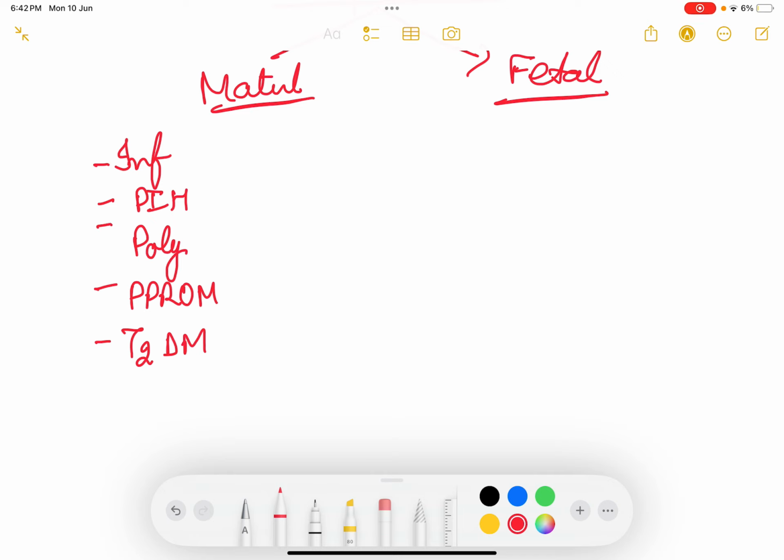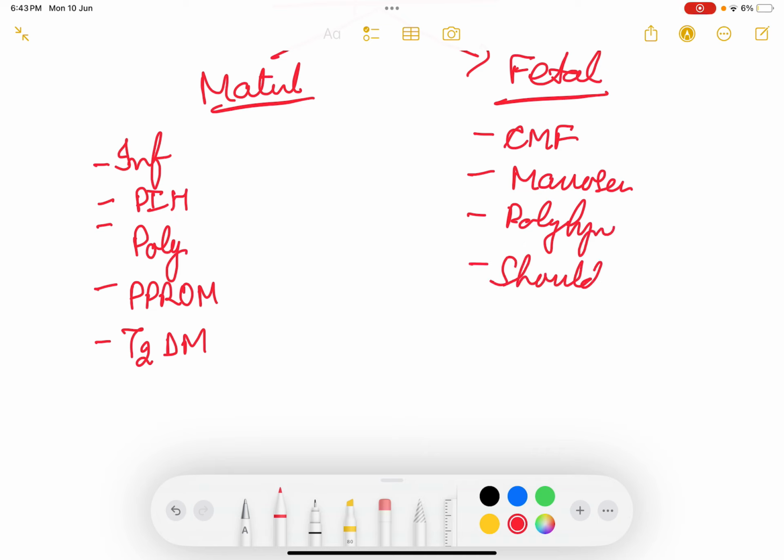Fetal complications can be in the form of congenital malformations if there is pre-gestational diabetes. In later gestation, if sugars increase, then the baby can develop macrosomia. Then there can be polyhydramnios. There can be intrapartum dysfunction, that is, there can be shoulder dystocia. If the shoulders are big, there is difficulty in delivery.